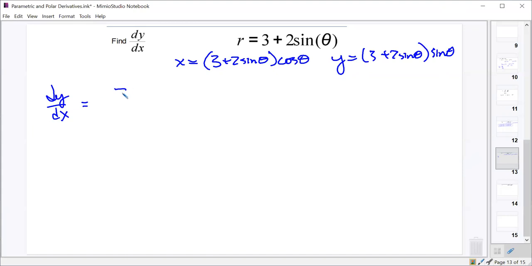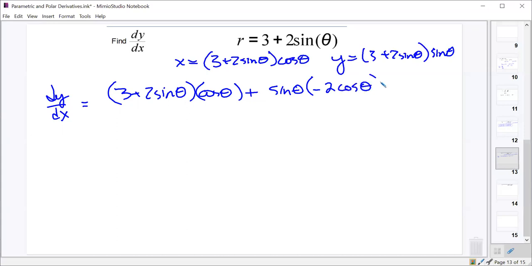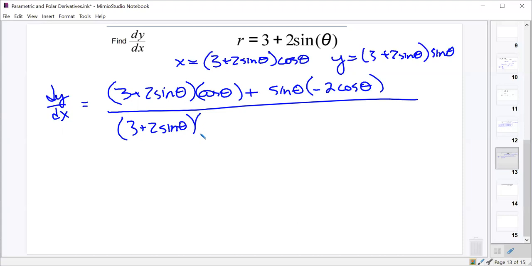So we'll get 3 plus 2 sine theta times the derivative of sine, cosine, plus our sine theta times the derivative of 3 plus 2 sine theta, which is negative 2 cosine theta, all over the derivative of x with respect to theta: 3 plus 2 sine theta times the derivative of cosine, which is negative sine theta, plus our cosine theta times the derivative of 3 plus 2 sine theta, which is still negative 2 cosine theta.